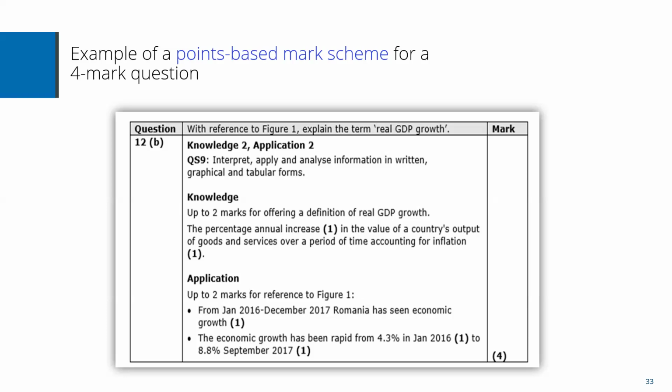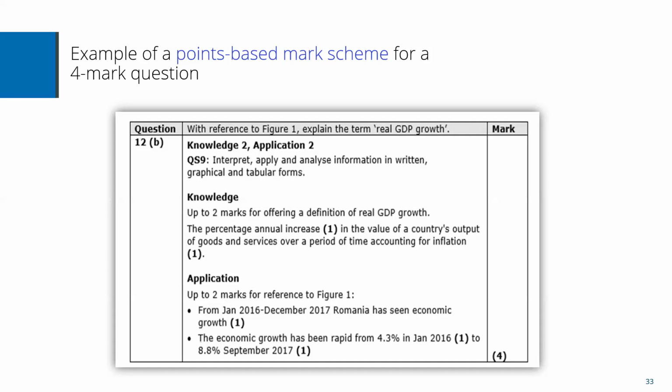And what we're looking for here is the 2 knowledge marks are gained for giving a definition of the key term in the question. And there's a suggestion there in the mark scheme of what that might be. It's probably not going to deviate too much from this, but it might not be exactly that and could still score the 2 marks. The application comes from using relevant references to the data that's presented in the exam paper. So the use of information in the question, not just copying it, but actually using it to answer the question.